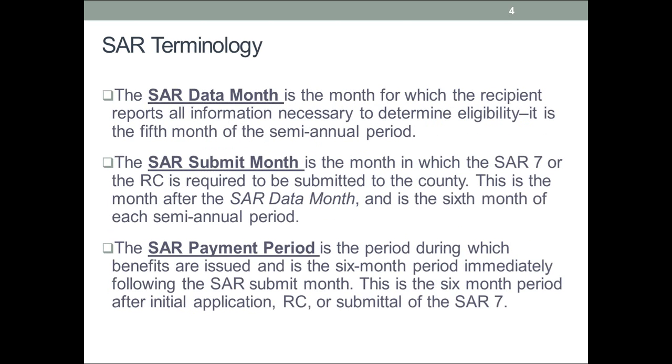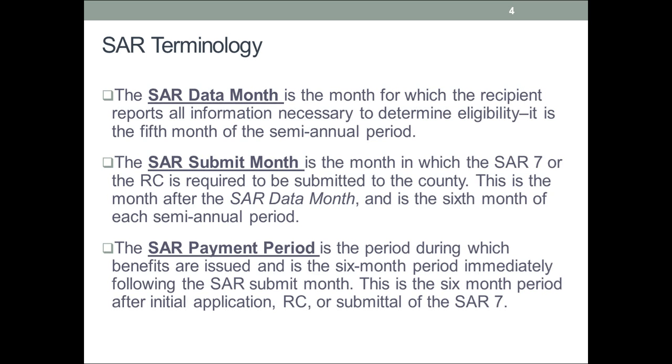So there's some basic semi-annual terminology that, when we're talking about reporting and reports, you might hear. The first one is the SAR data month. This is just the month that the recipient is reporting on all the information necessary to determine their eligibility.